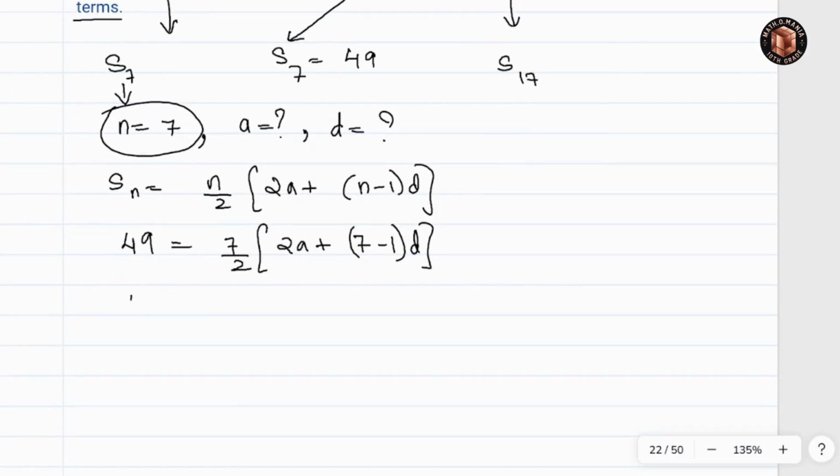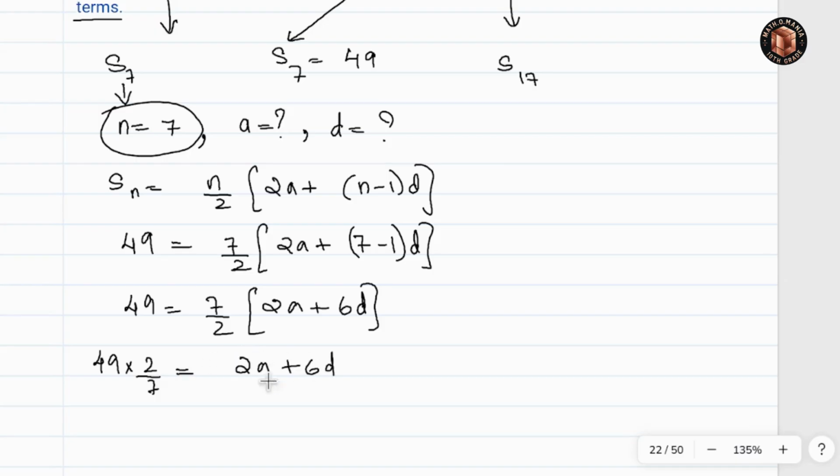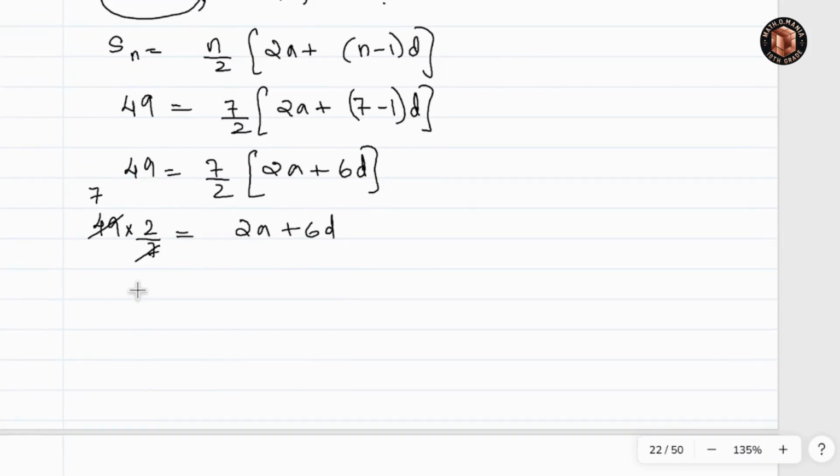From here I can write 49 equals 7 by 2 into 2a plus 6d, right? Again, I can take this 49 into 2 by 7, which equals 2a plus 6d. Here this 7 and this 49 get cancelled and I will get 7 over here. That is 7 twos are 14, equal to 2a plus 6d, right?